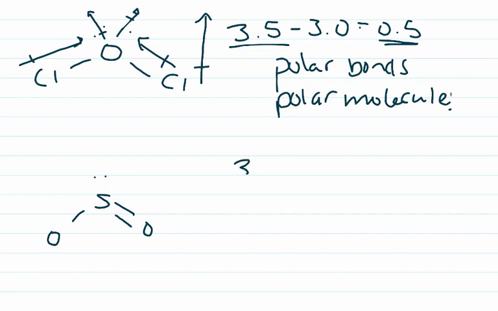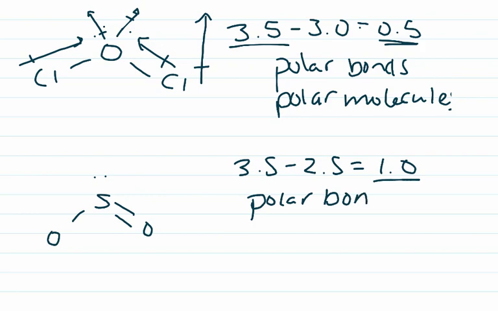So we subtract 2.5 from 3.5 and we get 1.0, which means we have polar bonds because that number is between 0.4 and 2.0. Now we can draw the dipole moment pointing towards the more electronegative of the elements, which is oxygen. But we can also draw a dipole moment pointing towards the lone pair.